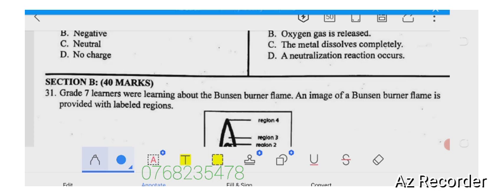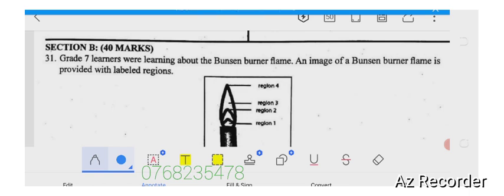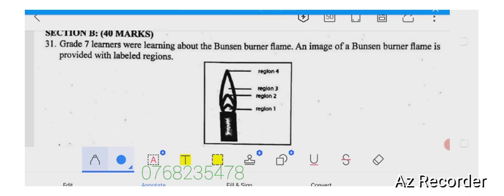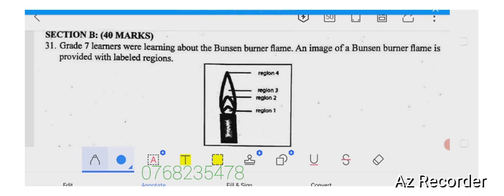So without further ado, we are going straight to the first question, which is question 31, and it says, grade 7 learners were learning about Bunsen burner flame. An image of the Bunsen burner flame is provided with labeled regions.